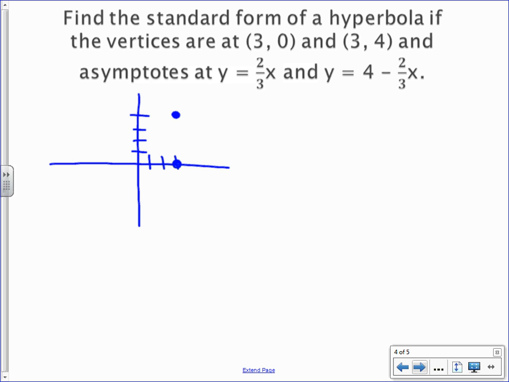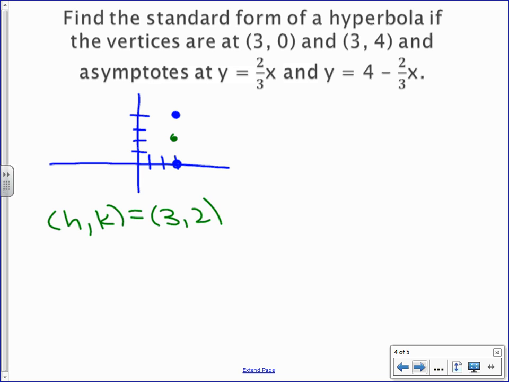Okay, what do we know from that? Okay, let's talk about our center before we identify A. Where would our center be first? Okay, so our center would be 3, 2.